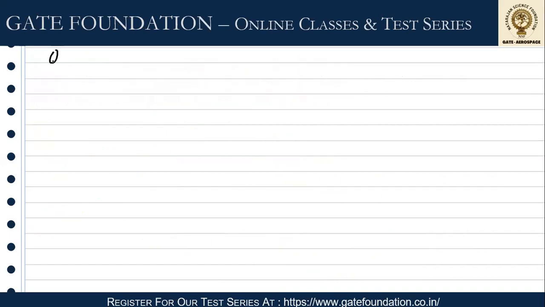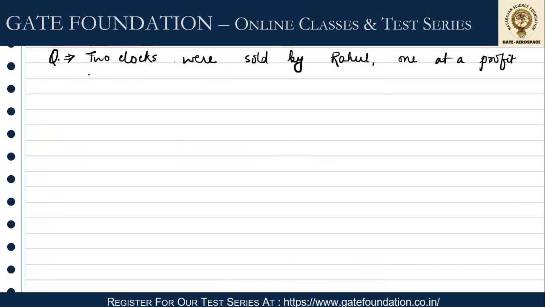Now there is one more type of question which I want to discuss before we end this session. It's a very interesting question. Let's say there is an object, or a clock. Let's keep a clock. So two clocks were sold by Rahul, one at a profit of 10% and another at a loss of 10%.